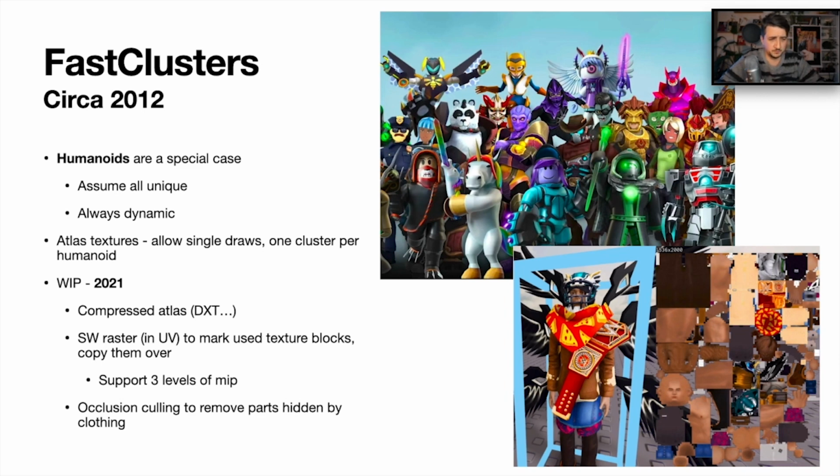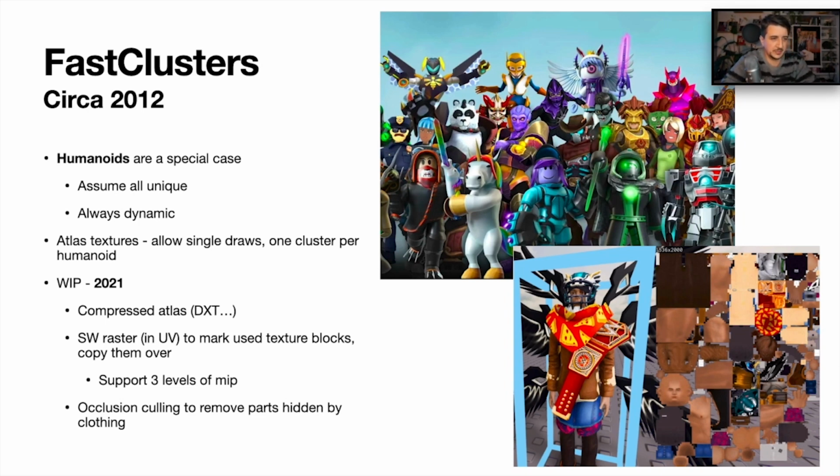It supports 3 levels of MIP, so the MIP 0 blocks are 16 by 16. And we are also creating a layered clothing system. And as part of that, we have an occlusion culling system. So if you have a shirt or something that hides parts of the model behind it, we will pick up that they're occluded and not consider them in the texture atlas.